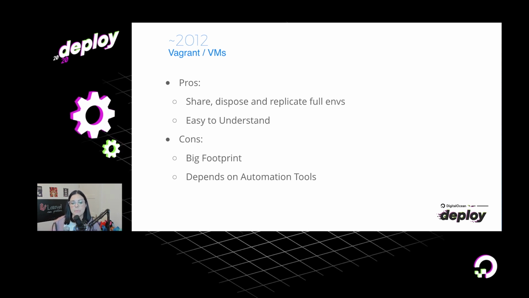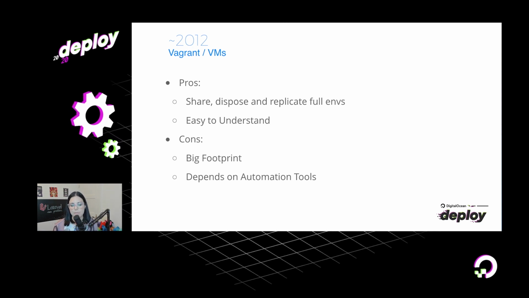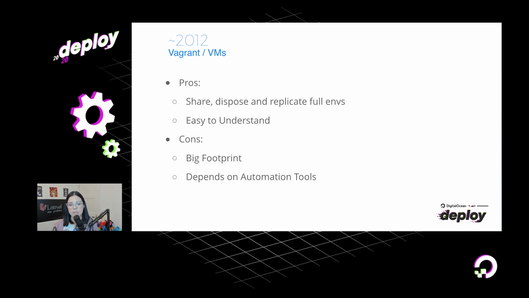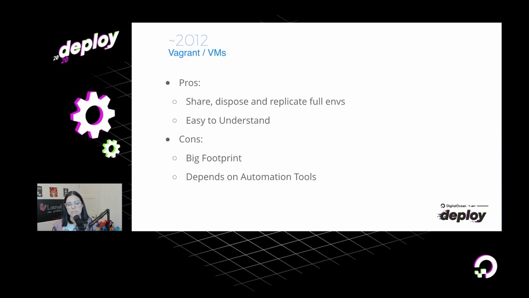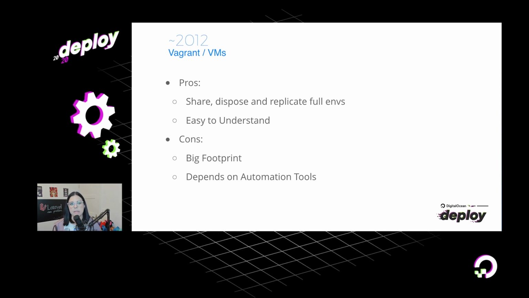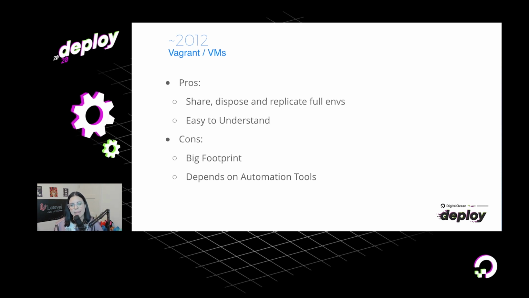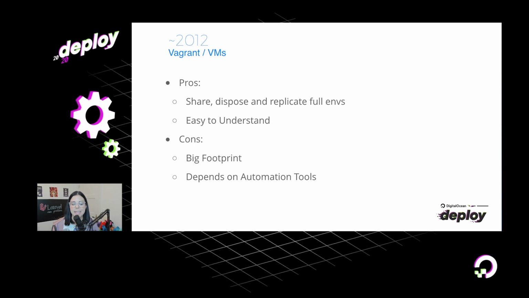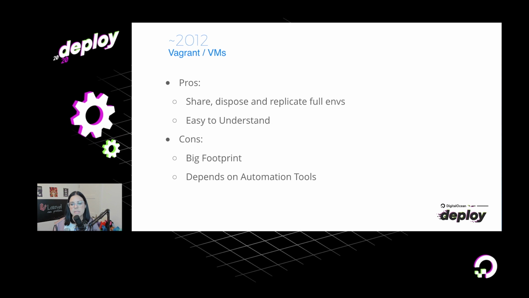But the problem with this is that it depends on automation tools. So you have pretty much the same work that you would have to set up the whole automation strategy for a remote server. You're now using that for your local development environment as well. So it adds a lot of extra work, and it's also working with the Vagrant VMs.